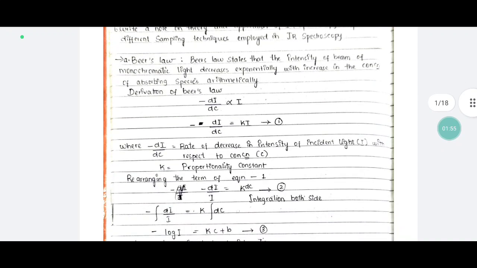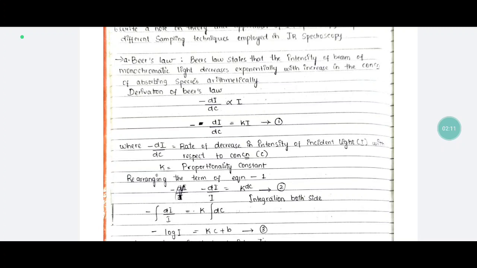So rearranging the terms of the equation, minus dI divided by I is equal to k dC. So this is equation 2.